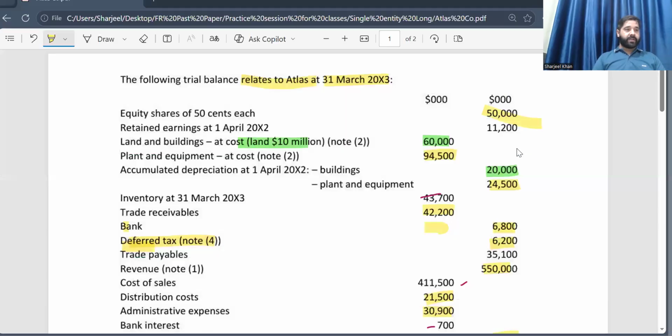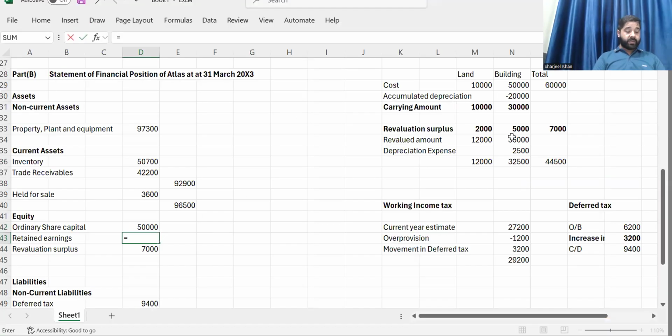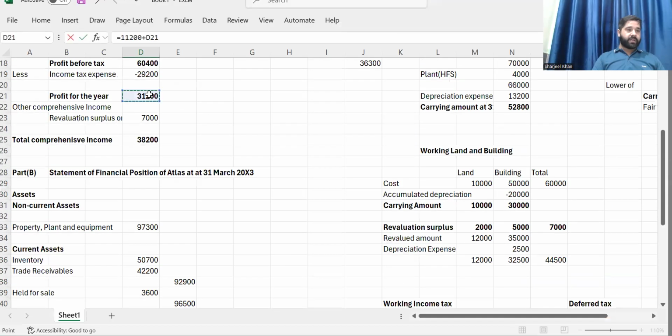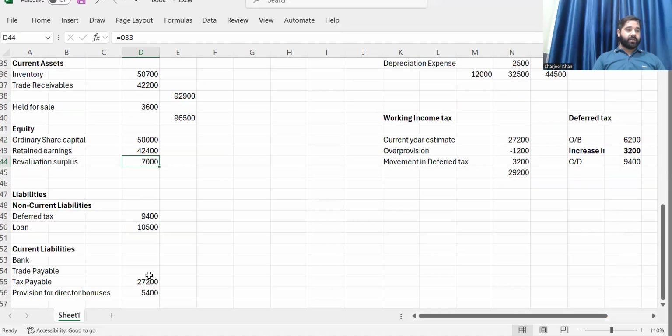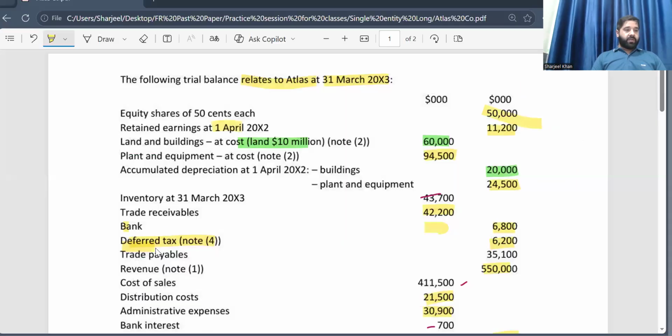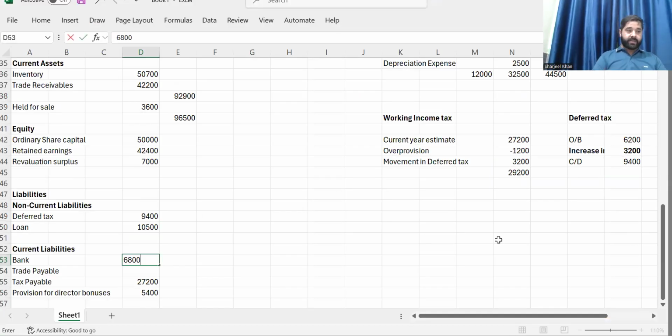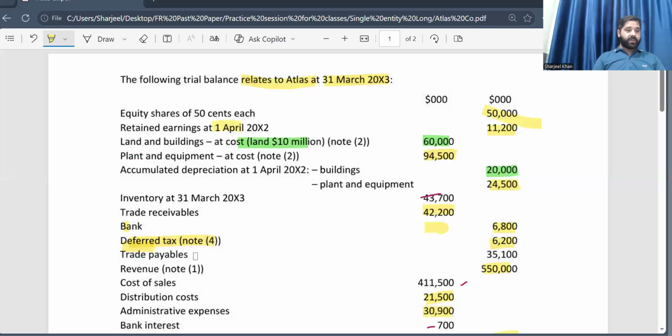For the retained earning, at the start of the year is given 11,200. We have to add the profit for the year, 31,200, and you will get the closing retained earning. For the bank, it is 6,800, no other adjustment. And for the trade payable, no adjustment, so it is 35,100.